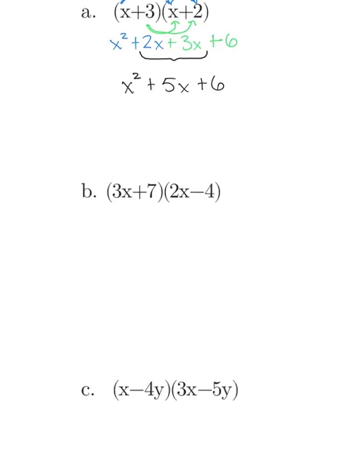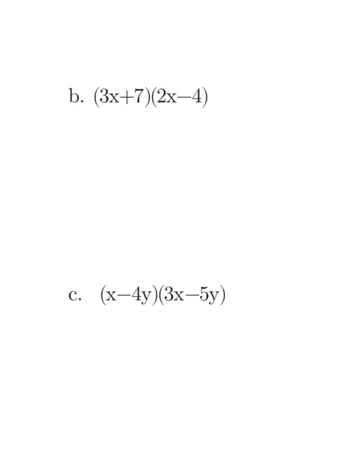Okay, so let's look at a couple more examples. Let's come down to example B. So B, again, I'm going to multiply my firsts. 3x times 2x is 6x squared. We get 3x times minus 4 is minus 12x. Insides, we want 7 times 2x is plus 14x.